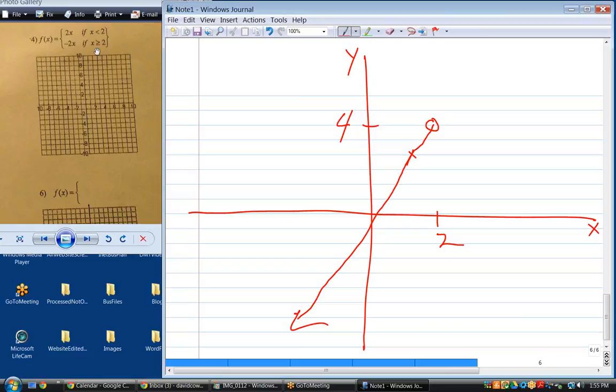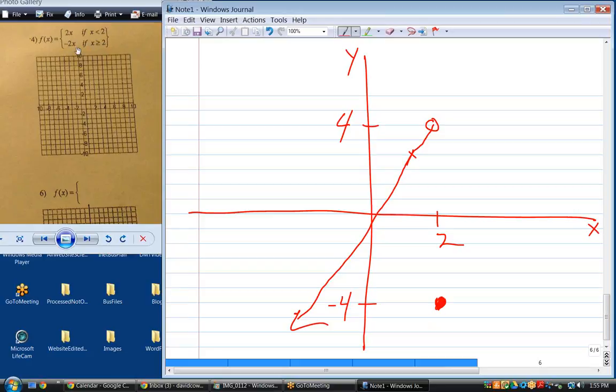When x is equal to 2, what is y equal to? Would it be negative 2? No, plug in 2 for x right there. That would be negative 4. Right. So I go down to negative 4, and I'm going to start my function right here with a closed dot because it's greater than or equal to 2.